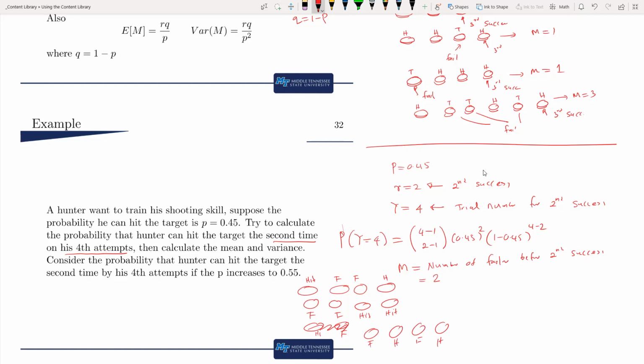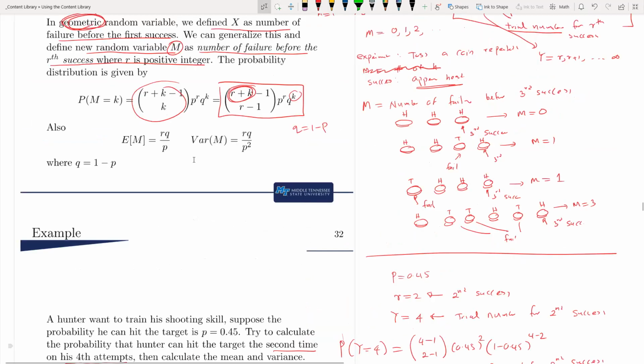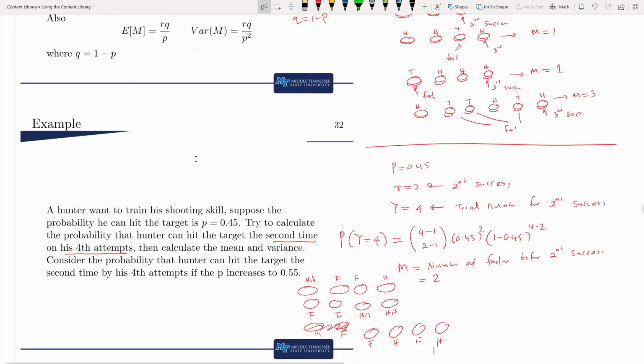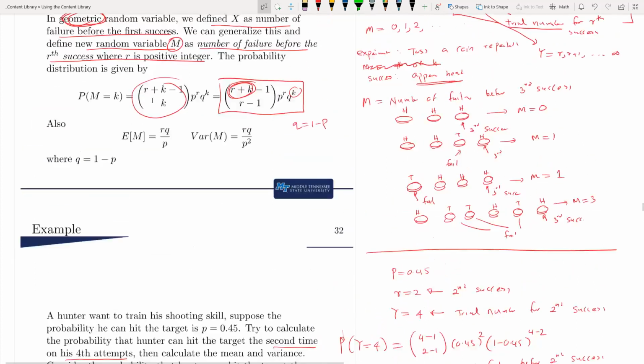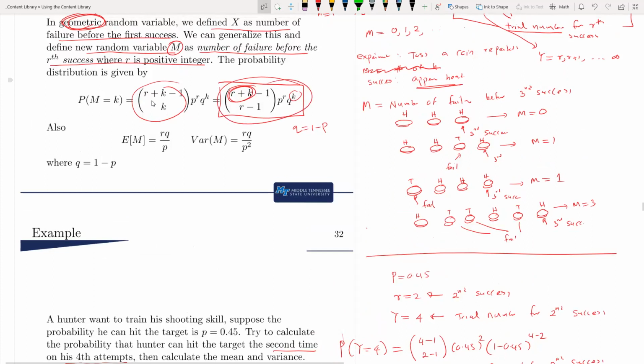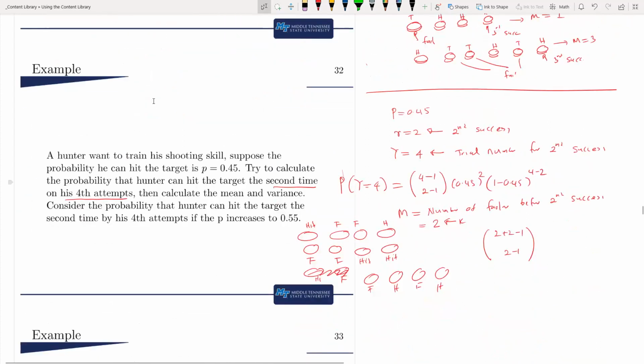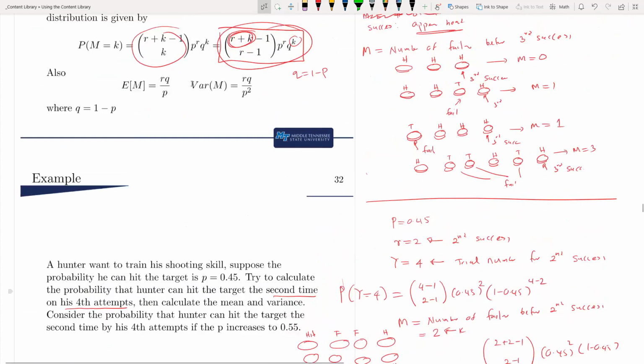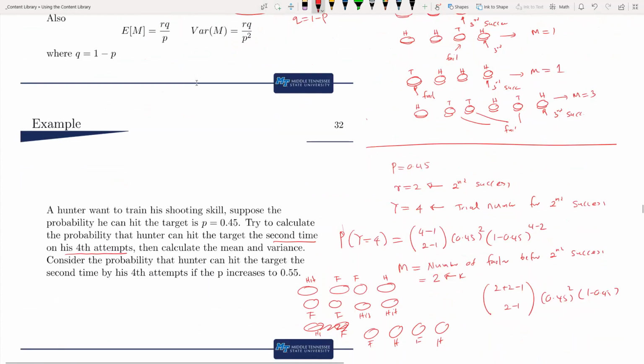Anyway, when you use this one, you go to the first approach. In this case, K is 2, since M equals K, remember? So this is 2 plus 2 minus 1 choose 2 minus 1, and then P to the R, and 1 minus 0.45 to the K, where K is 2.